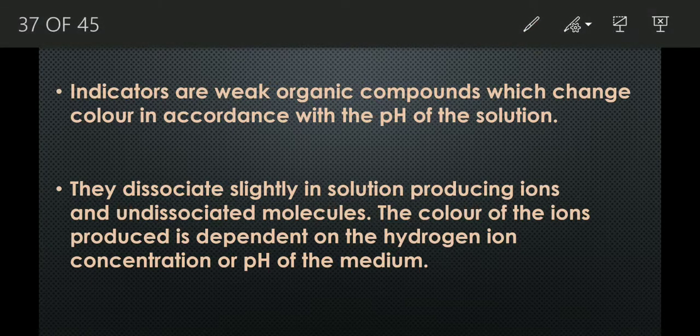When we put indicators into a solution, they dissociate slightly and produce ions and undissociated molecules. The color of the ions produced by the indicators depends upon the pH of the medium, that is, the pH of the solution, which in turn depends upon the hydrogen ion concentration.